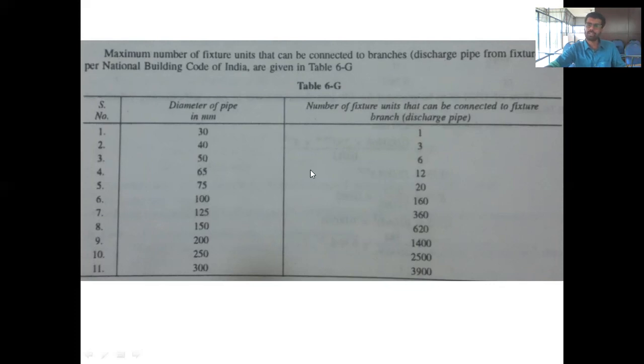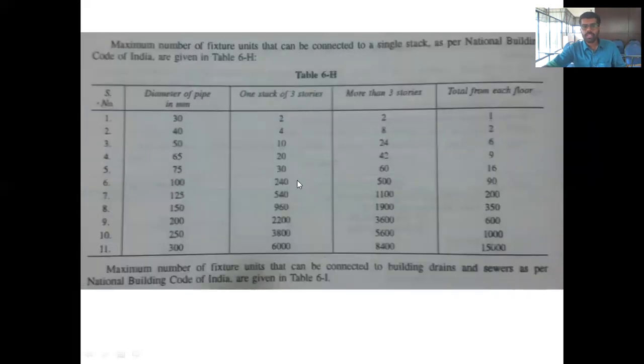100. Okay. Now, this we have already seen: the maximum number of fixture units that can be connected to a single stack. Okay, this is a stack. So if the stack diameter is 30 mm, for one stack of 3 stories, you can give fixture unit 2 for this 30 mm.